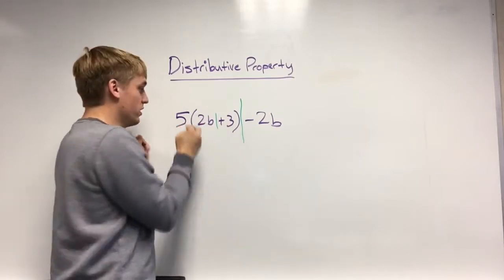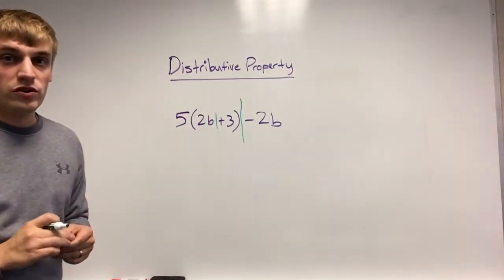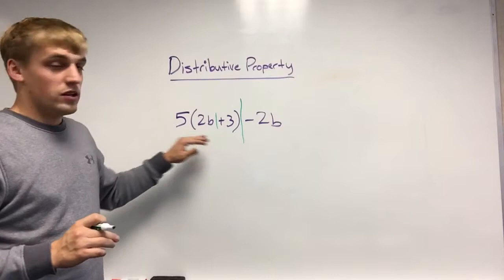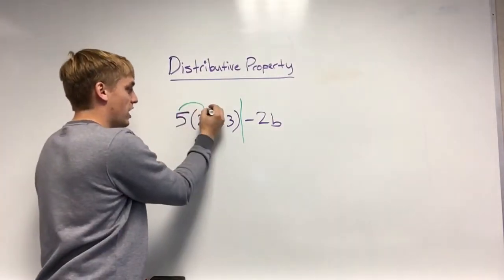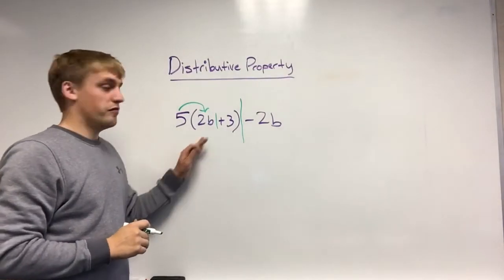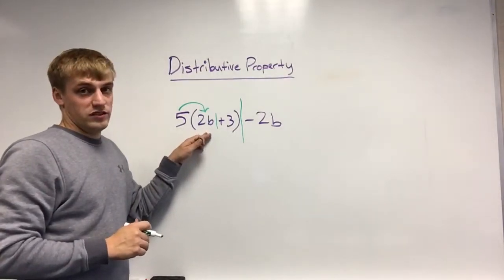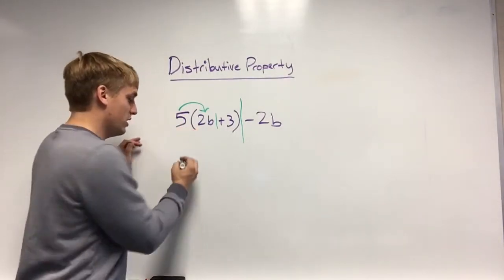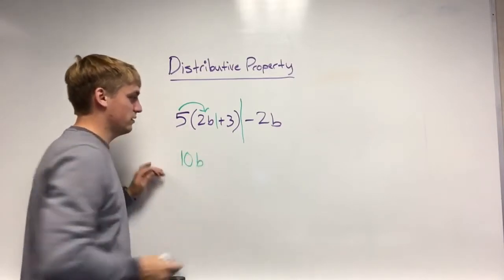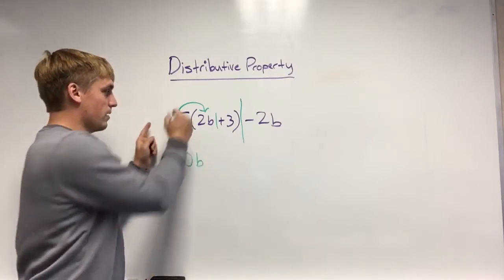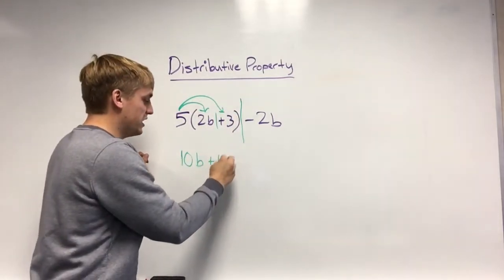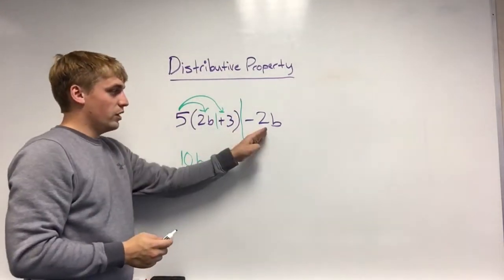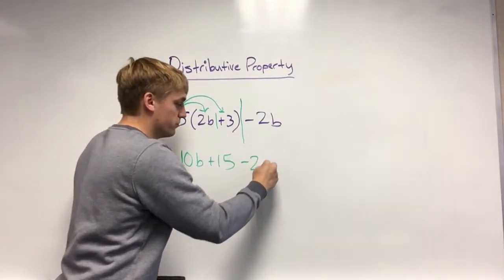The first thing we need to do is use distributive property. We're going to distribute this 5 to the first term inside the parentheses. 5 times 2b is 10b. 5 times 3 is 15, so plus 15. And then we're going to take this term down here too.